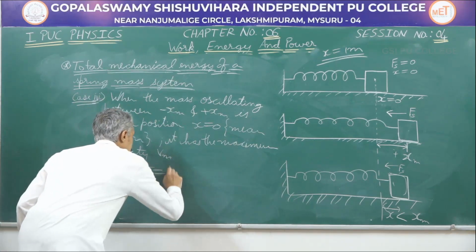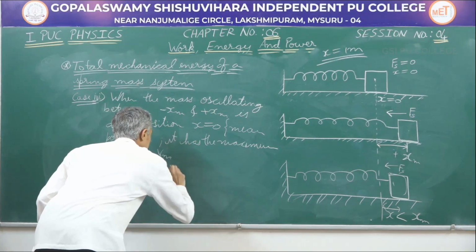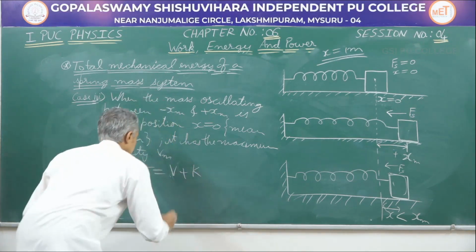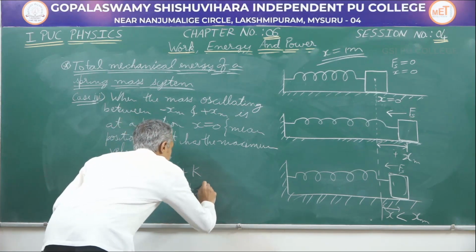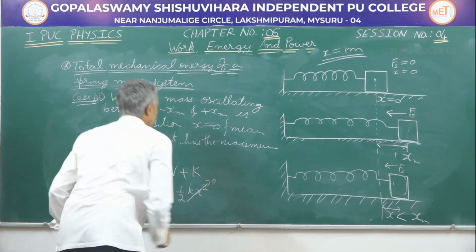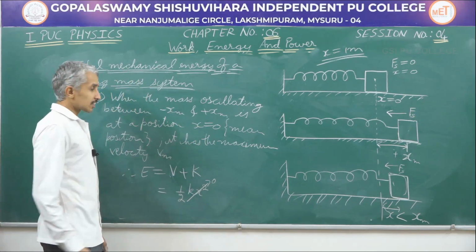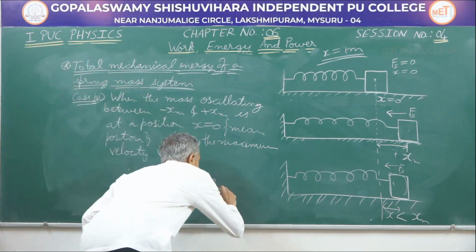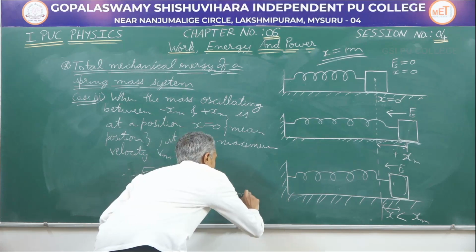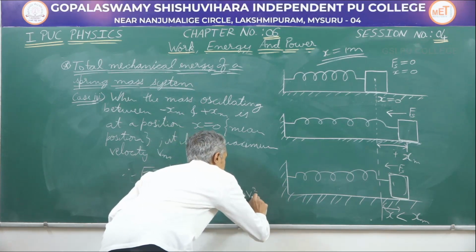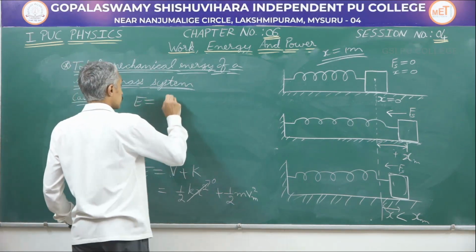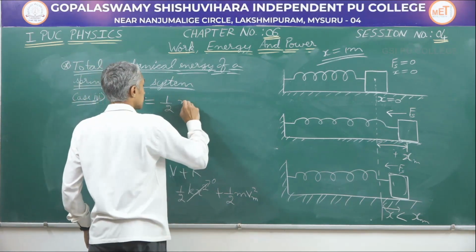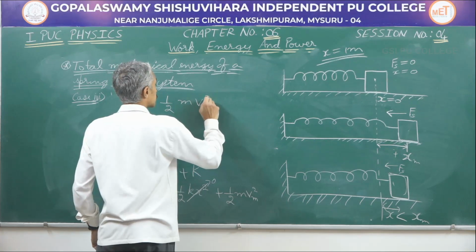Therefore, the total energy, which is the sum of potential energy plus kinetic energy, is given by potential energy, which is half k x square, which at the mean position, its extension being 0, plus half m v maximum square. So, I can write the total energy is going to be half m v maximum square.